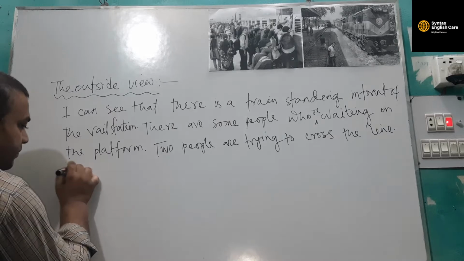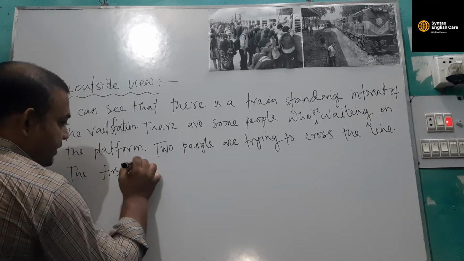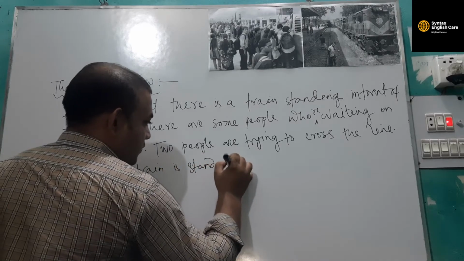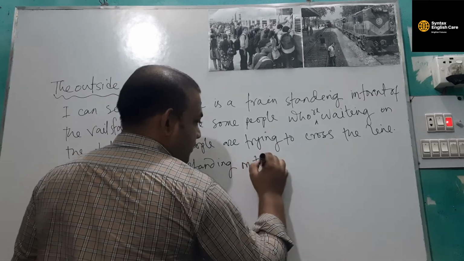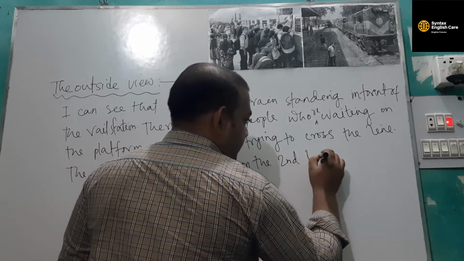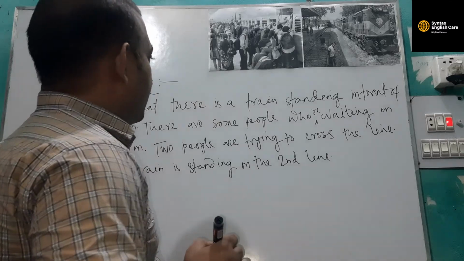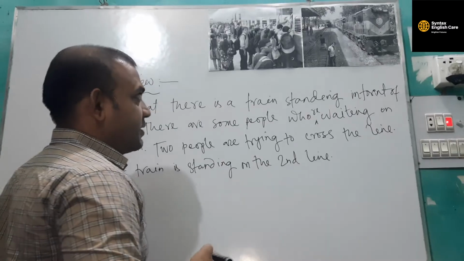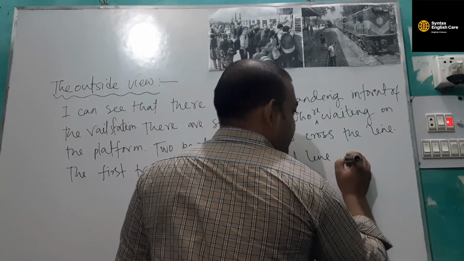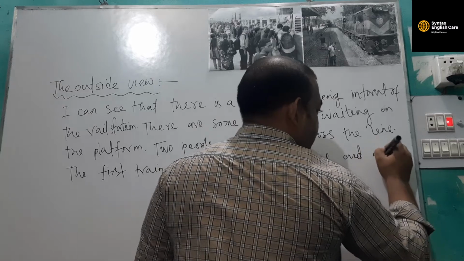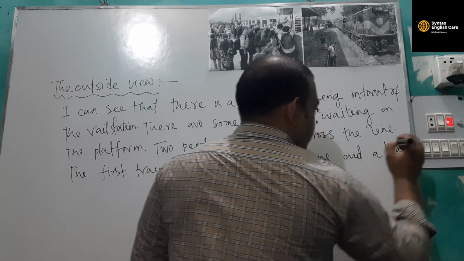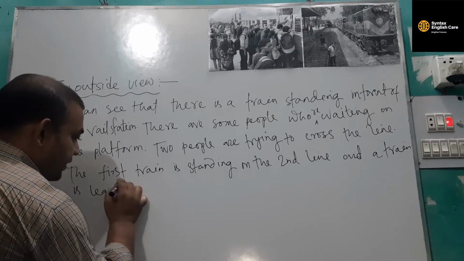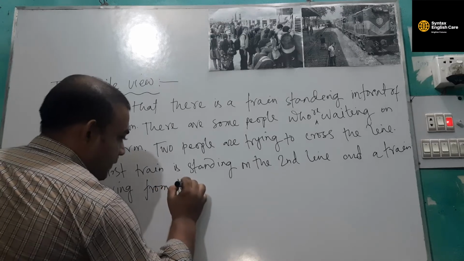The first train is standing on the second line, and if you notice, there is a train that's leaving from the station.